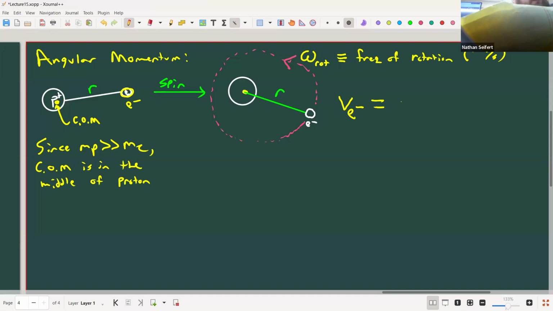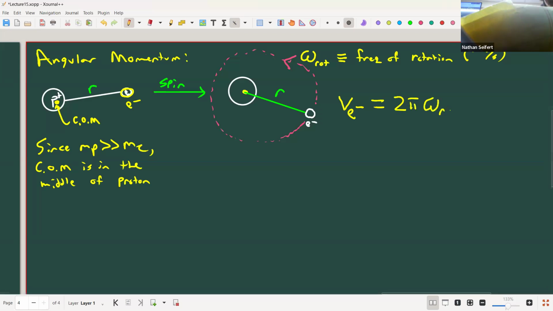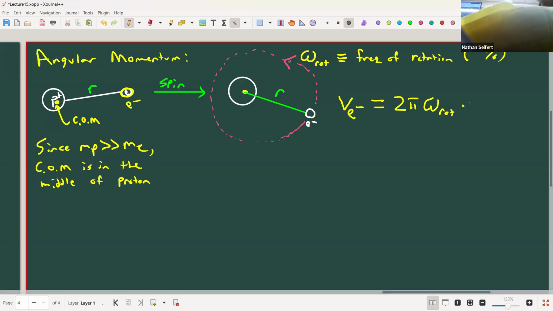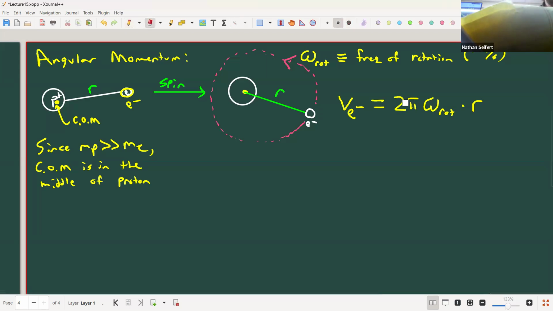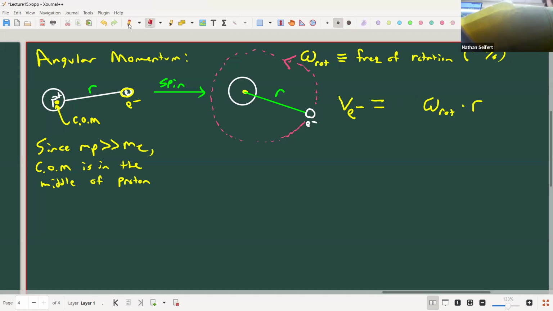It is omega_rot times the distance between the electron and the proton. So that's the velocity of the electron.